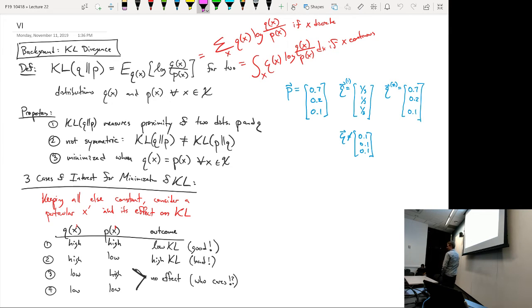It's harder for me anyway to conceptualize what happens to KL divergence, or to break down the actual behavior of distributions into cases, without boiling it down to a particular entry in the summation. So that's why I was breaking it down in that way.